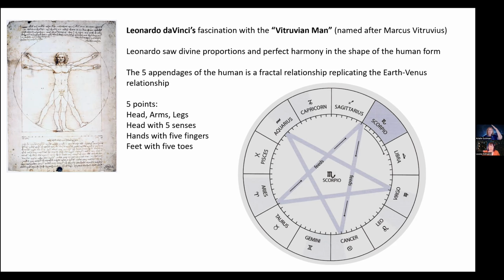The crown chakra, the palms of the hands, and the soles of the feet are very sensitive points for transmission and reception. So I think that these 5 Venus star points that we can superimpose over our own body are also a very important thing for our own life and for our own well-being.